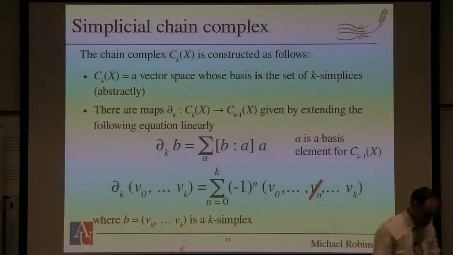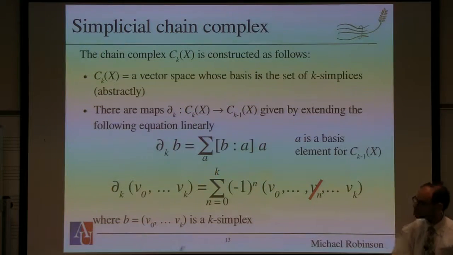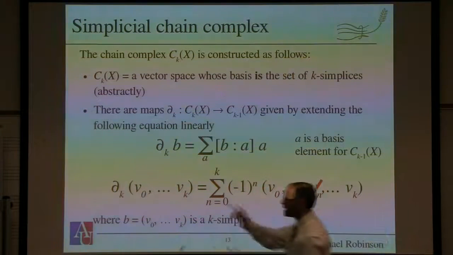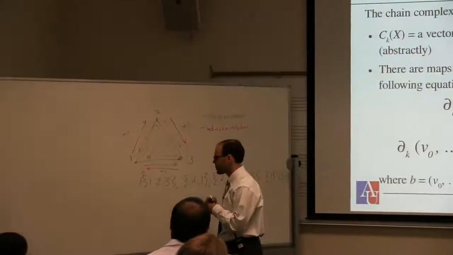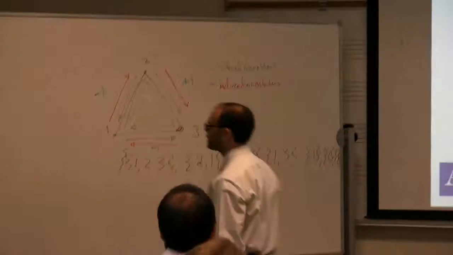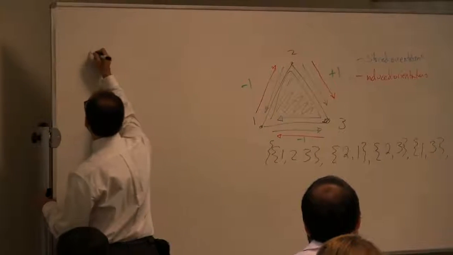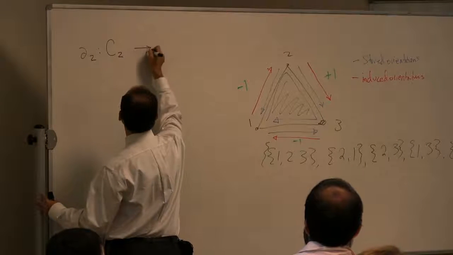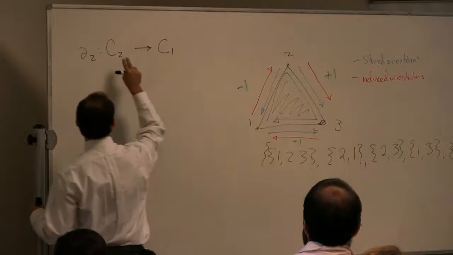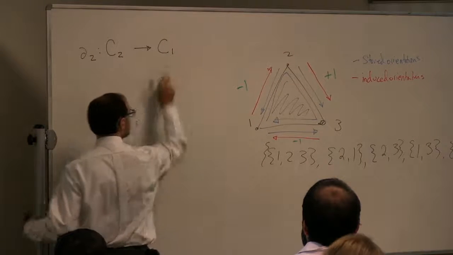So what this is doing is taking each and every face and computing the boundary. So let's go back to this example and see what this map looks like. Let's take a look at the map boundary 2, which will go from C2 of my space to C1. So going from 2-dimensional simplices to 1-dimensional simplices.